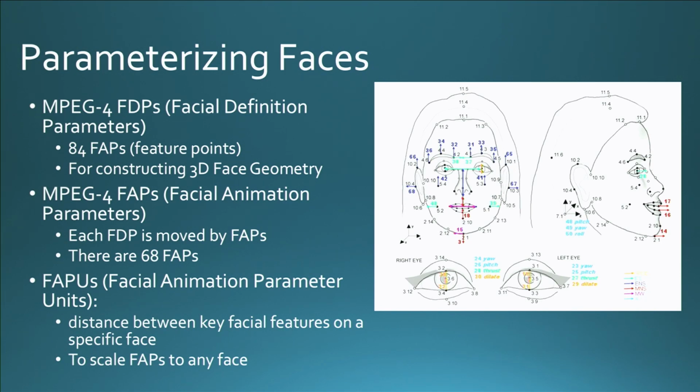There are also other standards, such as facial action coding. But for low-cost transmission, MPEG-4, for example, was used widely in the earlier days. In the image, you can see the arrows represent the facial animation parameters, and the points which define the 3D face geometry are the facial definition parameters.